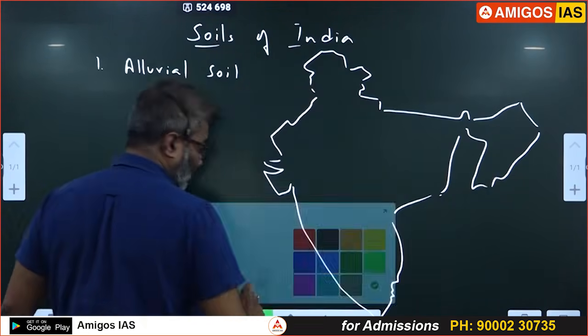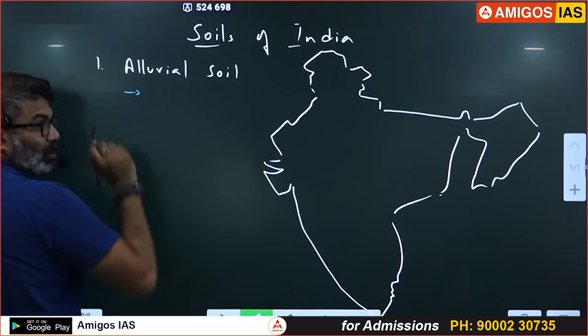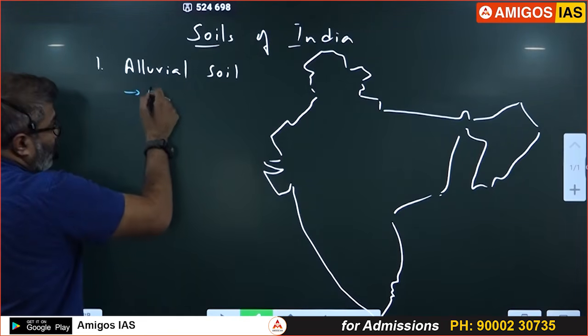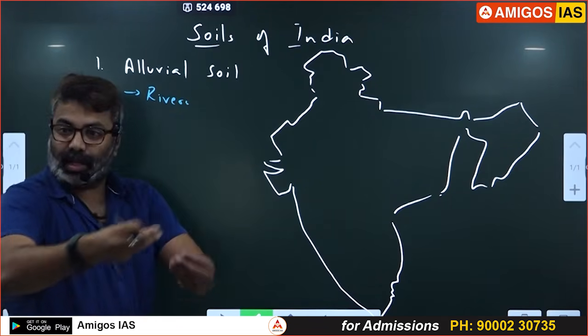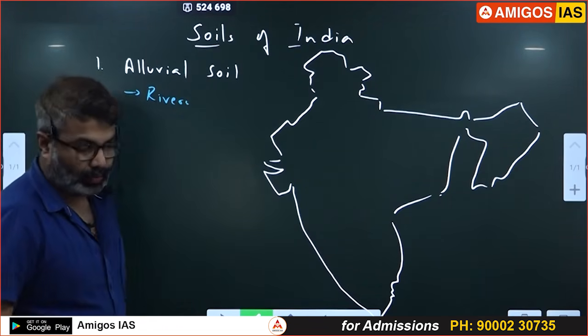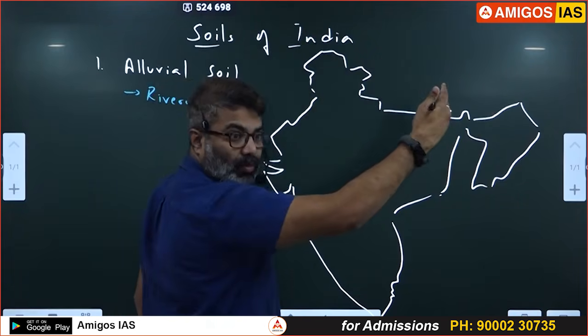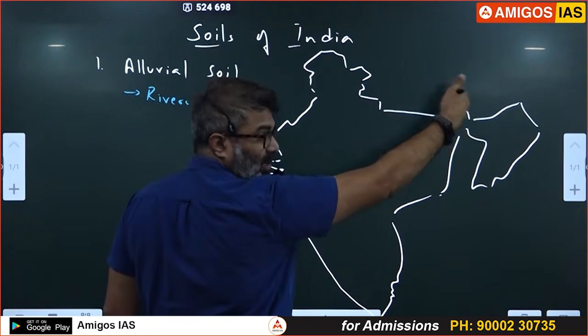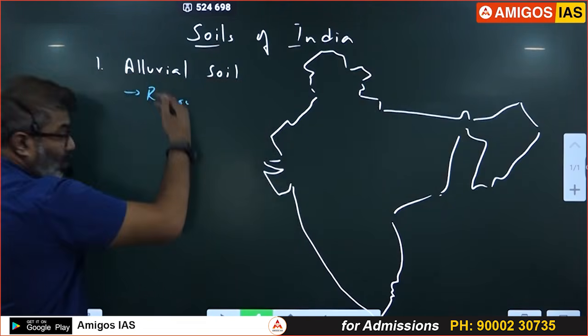So here I told you alluvial soil is a soil formed because of the rivers. What is the clue for alluvial soil? River. So wherever the rivers bring sediments, there we get alluvial soil. That is the first clue. Most of the North Indian rivers are Himalayan rivers. They come down the slope of Himalayas. When they come down the slope, what happens?